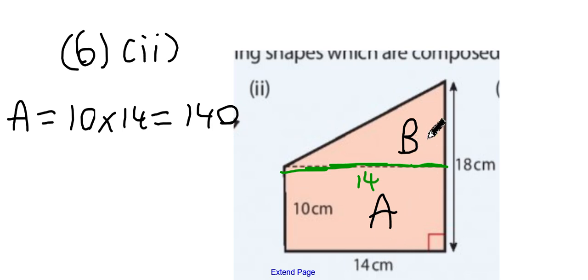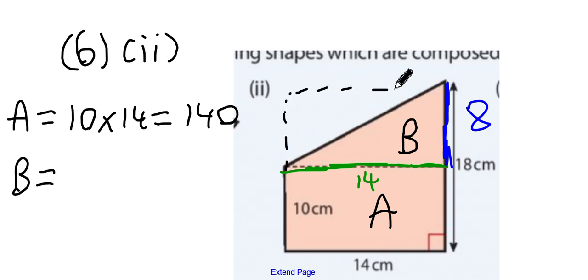And then what I'm going to ask you next is what's the blue length of the height? 18 take away 10. What's 18 take away 10? 8. And then what we're going to get here is half a rectangle, isn't it? So it's half of 8 multiplied by 14, isn't it?